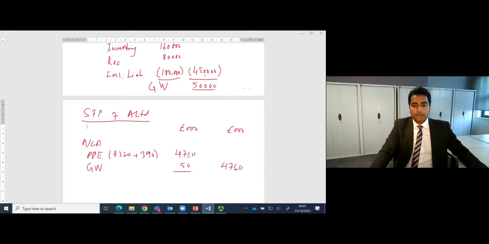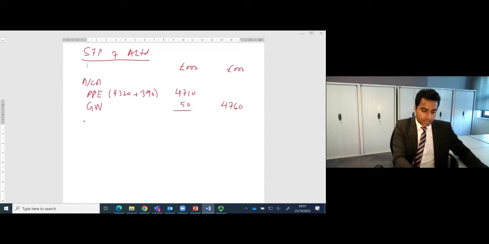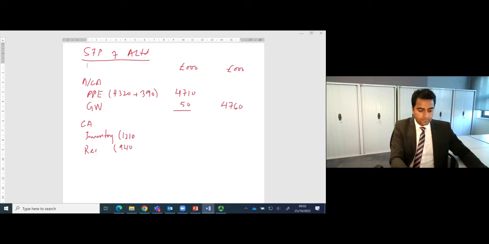Then I have to calculate the current assets. The inventory, which is 1210 for the parent, receivables 940, cash for the parent 1650.